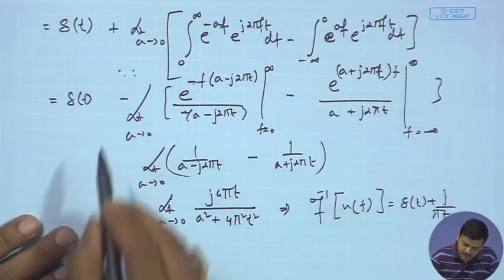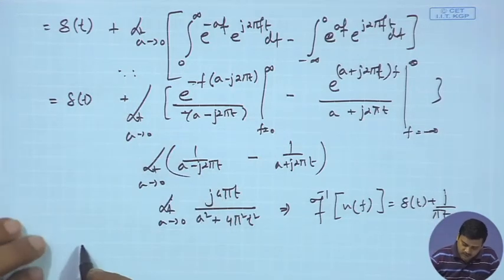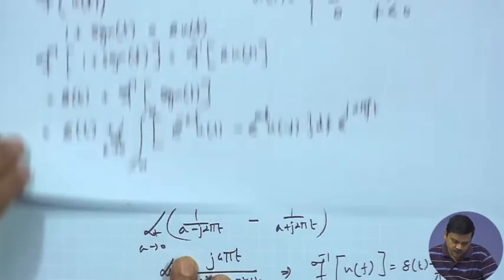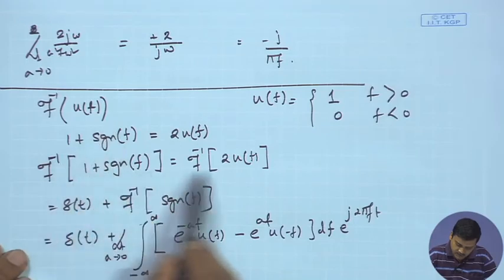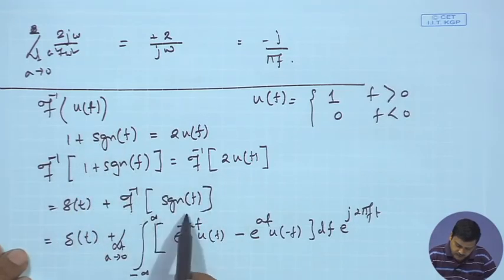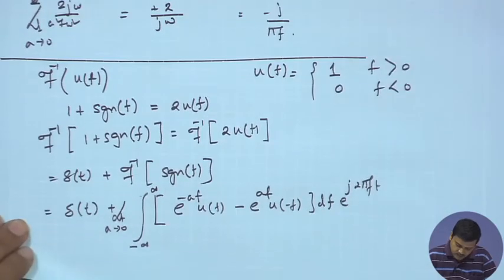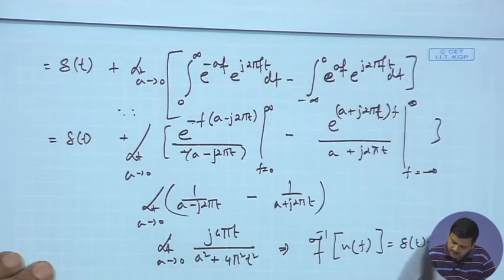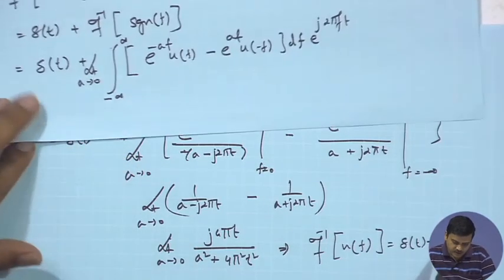We have this delta over here. This is the important relationship that we need, because if you recall, we started from this and we are calculating the inverse Fourier of sgn of t. We land up over here, the inverse Fourier of sgn of t turns out to be this function, and delta is of course here.